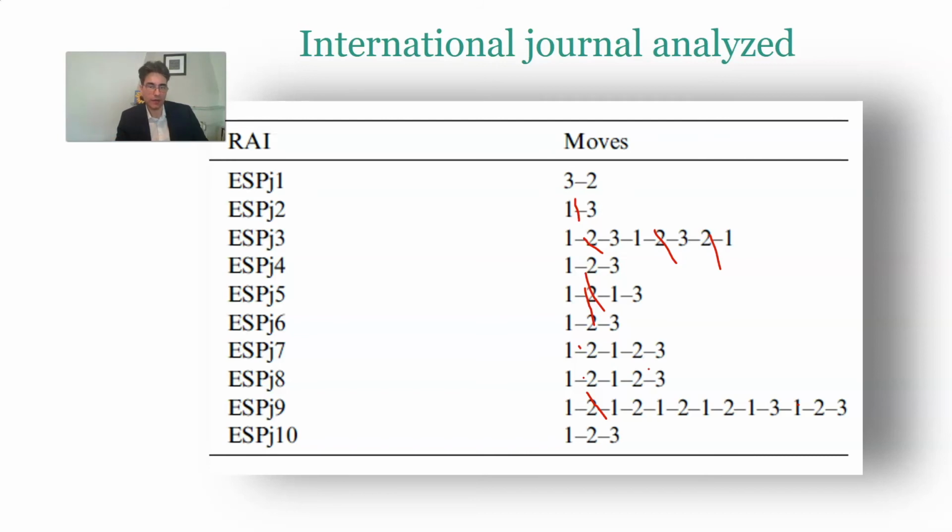There was not a clear novelty. Whereas here, the contribution is made very, very clear in the international journal introductions that Eliana Irano analyzed.